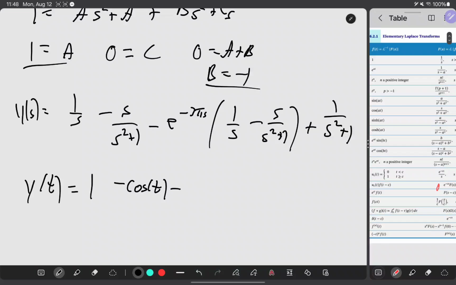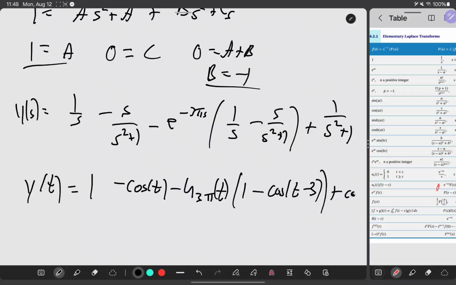So when we replace t, we're just going to replace t with t minus 3 pi, right? The f of t minus c. So then this would be u of 3 pi of t times 1 over s is 1. That is cosine of t, but it's t minus 3. And then we have plus cosine of t.